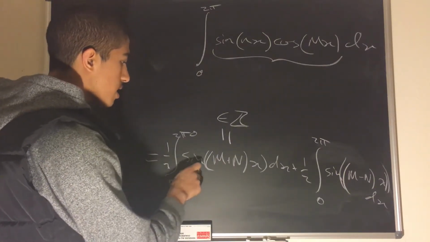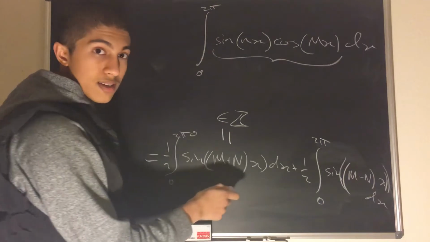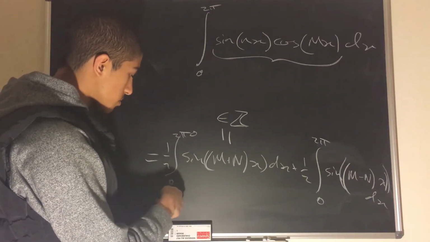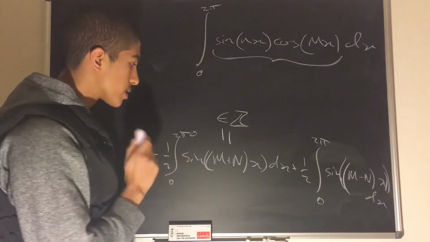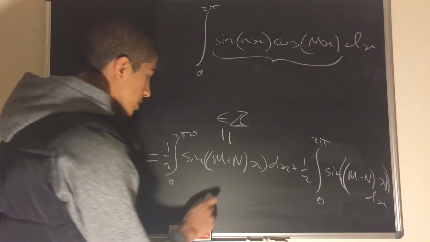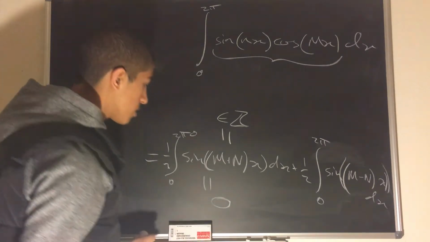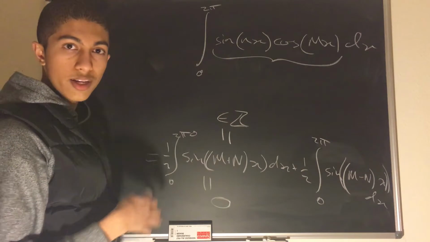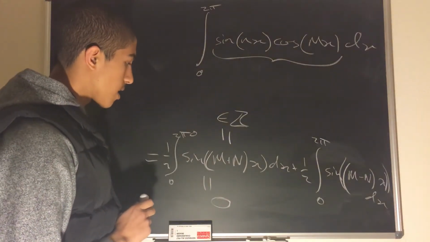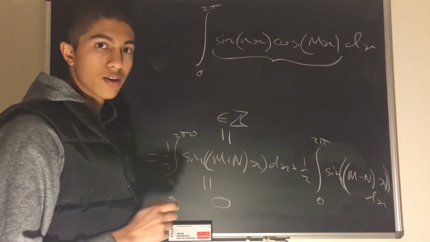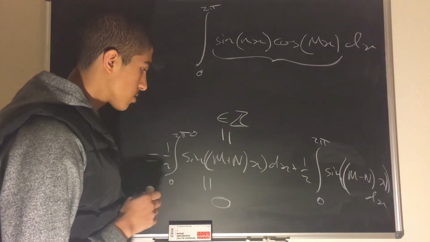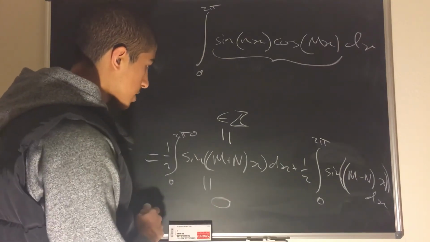So the sine of an integer times x, integrated from 0 to 2π, is always going to equal 0. So this entire expression evaluates to 0, and you can check this by watching the Math Hobo video on the integral of sines and cosines, and it definitely checks out.